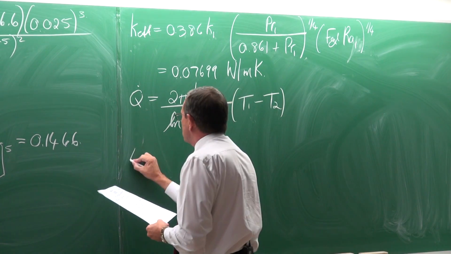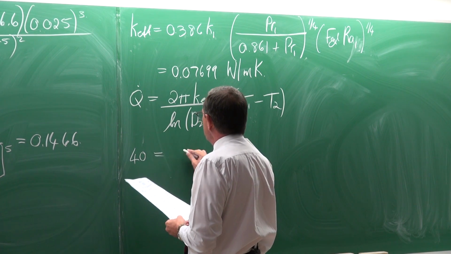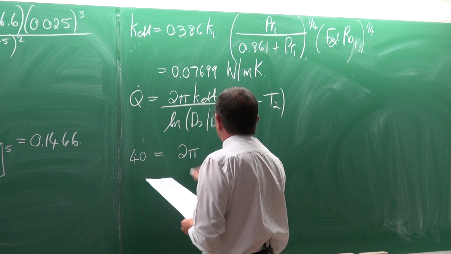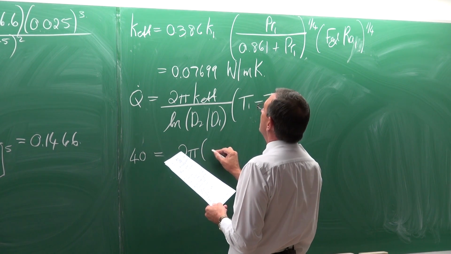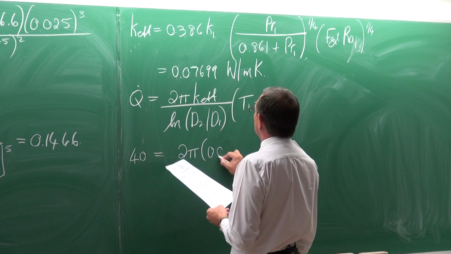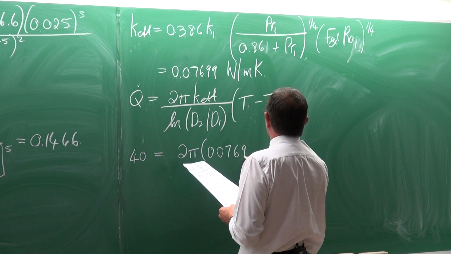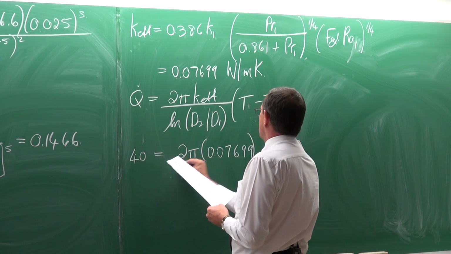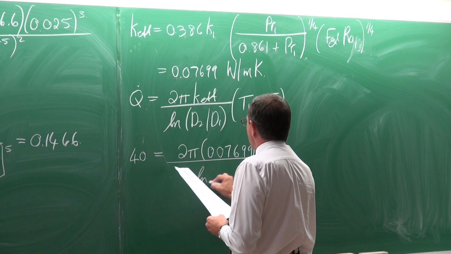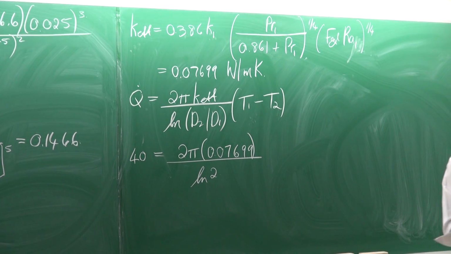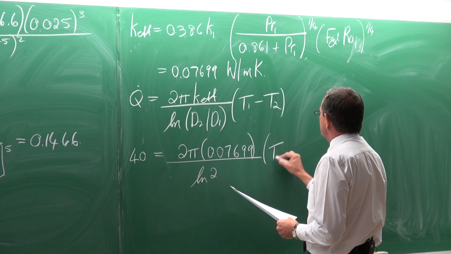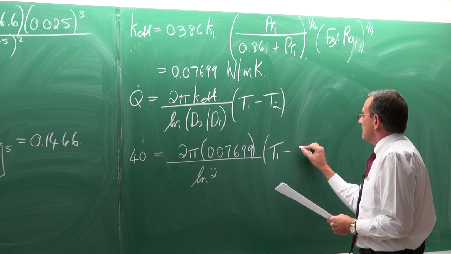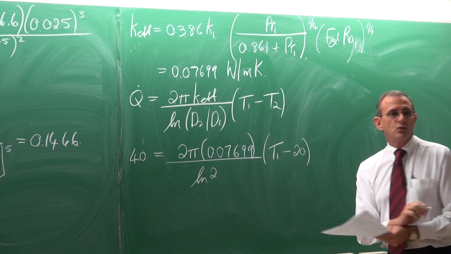So the heat transfer rate is equal to 40, is equal to 2 times pi multiplied by K effective, and K effective is equal to 0.07699, divided by the ln of 2, because it's 100 millimeters divided by 50 millimeters, multiplied by T1 minus the environment temperature, which is 20.